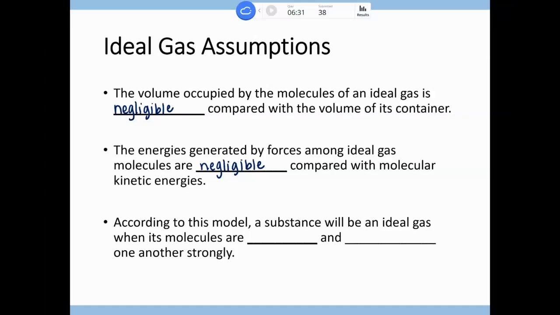In reality, gas particles can have a force of attraction or repulsion towards each other, but we're completely ignoring that when we're talking about ideal gases. So according to this model, a substance will be an ideal gas when its molecules are small and do not attract one another strongly.